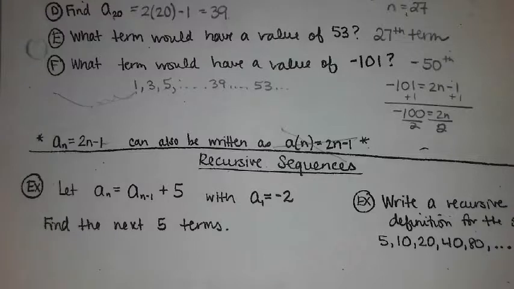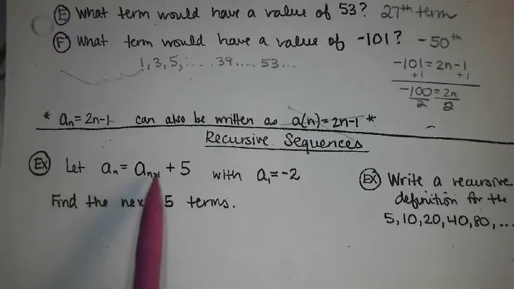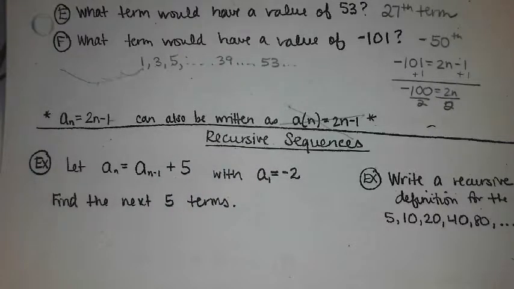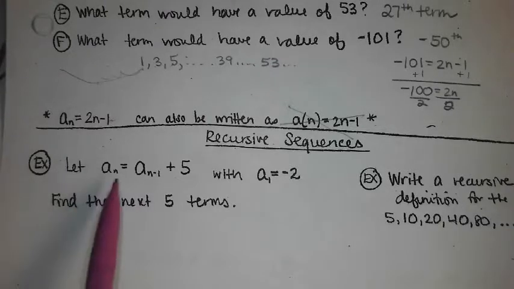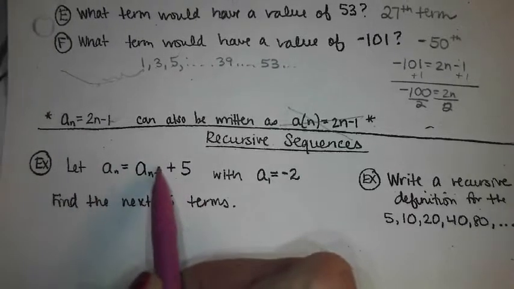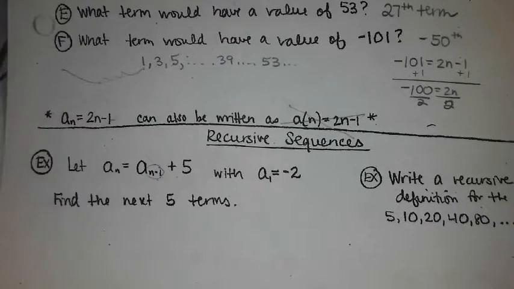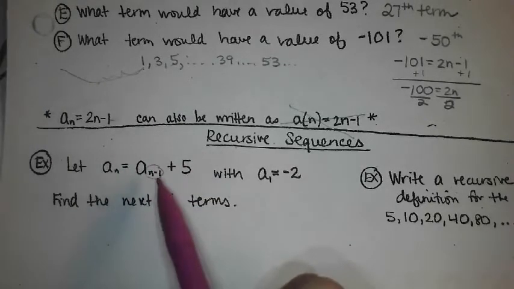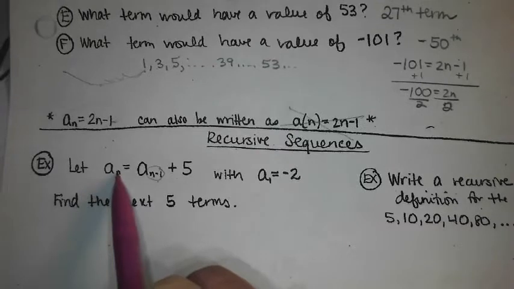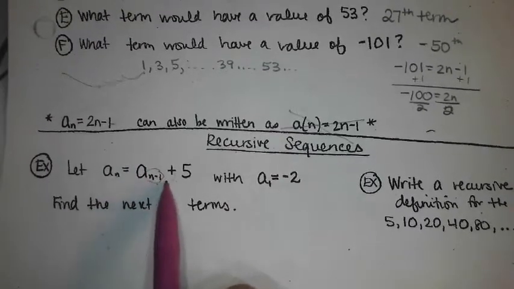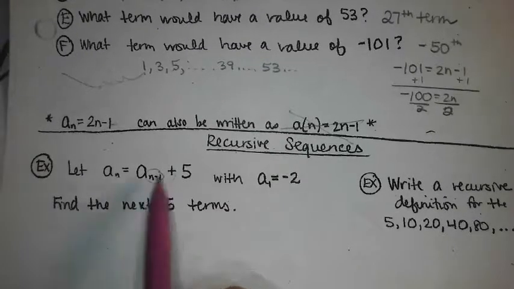So this is a different type of sequence. This is a recursive sequence. And what's recursive is that it's kind of dependent on what happened with the term before. So this notation, anytime you see this n minus 1 as your subscript, this is recursive format. What it means is the term before. So if you're looking for a sub n, you need the previous term, a sub n minus 1, in order to get it.